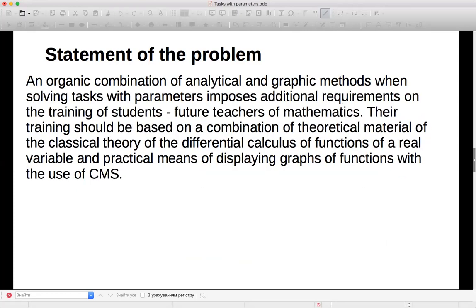An organic combination of analytical and graphic methods when solving tasks with parameters imposes additional requirements on the training of students, future teachers of mathematics. Their training should be based on a combination of theoretical material of the classical theory of the differential calculus of functions of a real variable and practical means of displaying graphs of functions with the use of CMS.